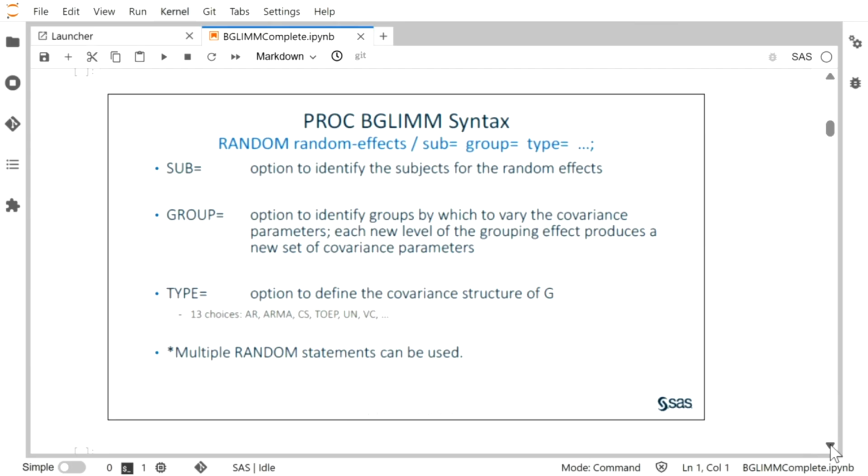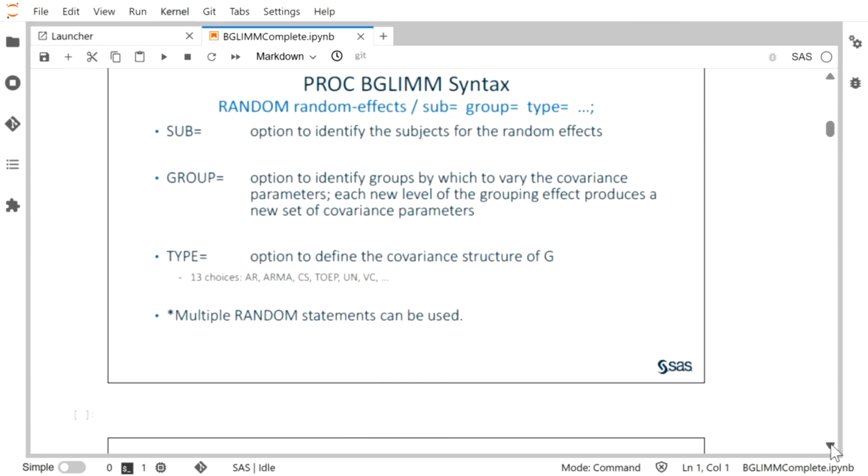And much like MIXED and GLIMMIX, you can have as many random statements in BGLIMM as you want to make your G matrix elements as complex as you want them to be. Okay, so yes, you have very similar structures to the way that MIXED and GLIMMIX were working.